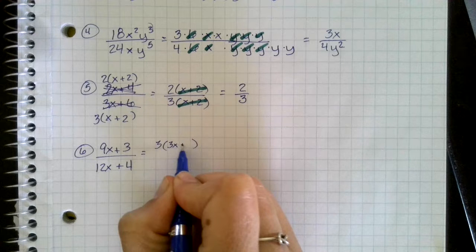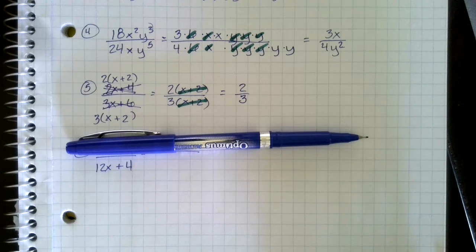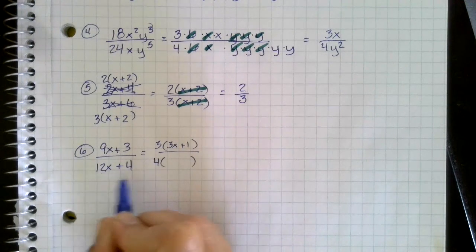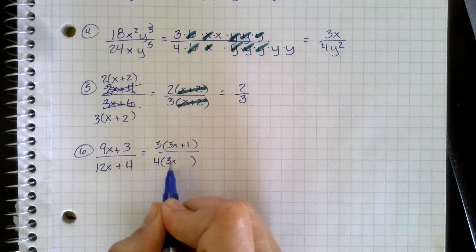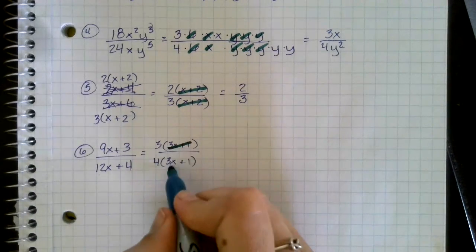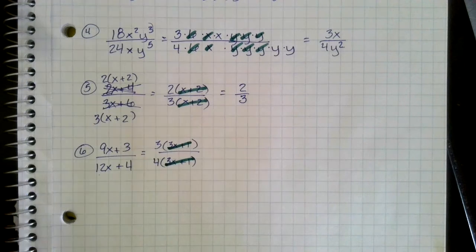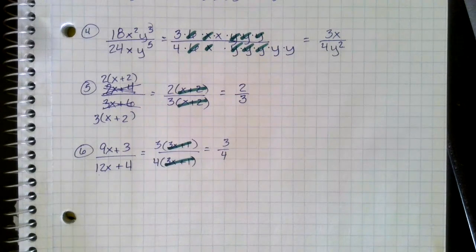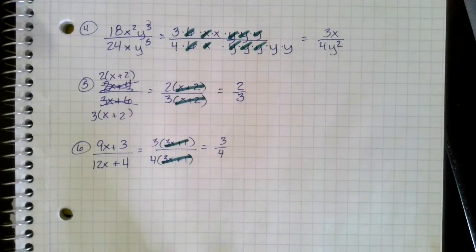Then I look at the bottom, 12 and 4. The biggest thing I can divide by is 4. So if I divide each of these by 4, I have 3x and I have 1. So again, what you notice, same thing on the top and bottom. Those cancel out. So this expression simplified down to 3/4.